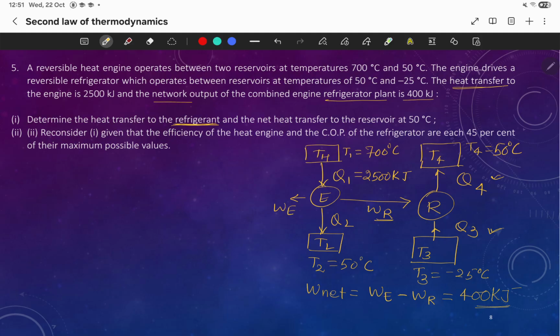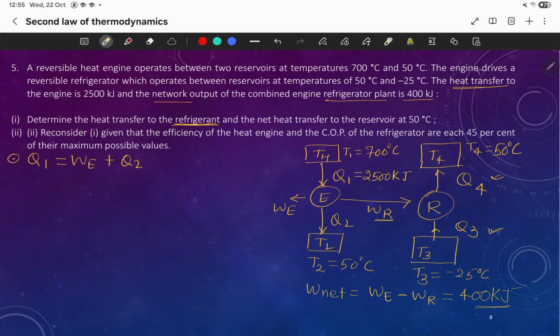Okay, so let's write the energy conservation equation for this heat engine. For the heat engine, this will be Q1 plus W from the heat engine plus Q2.